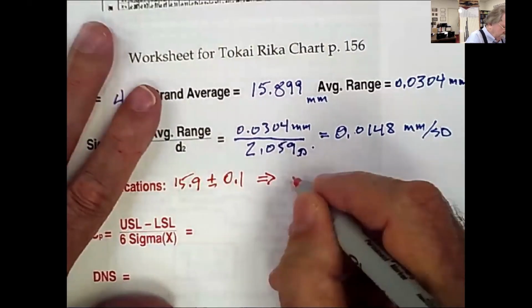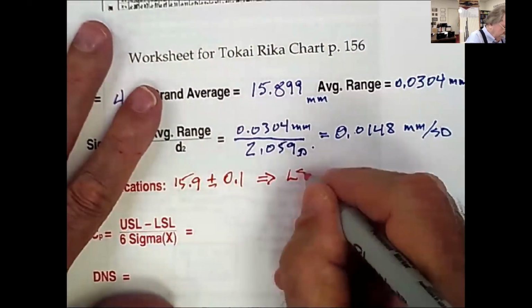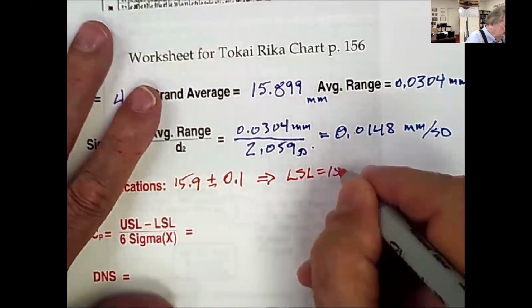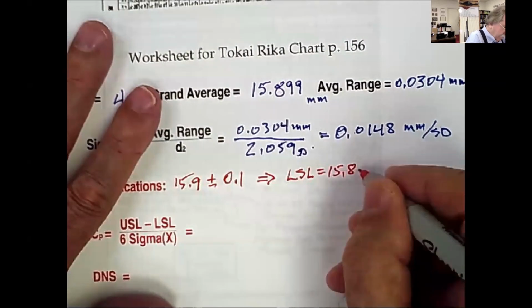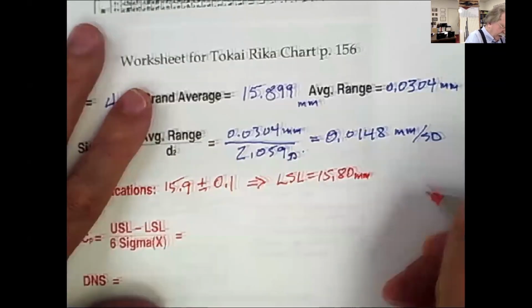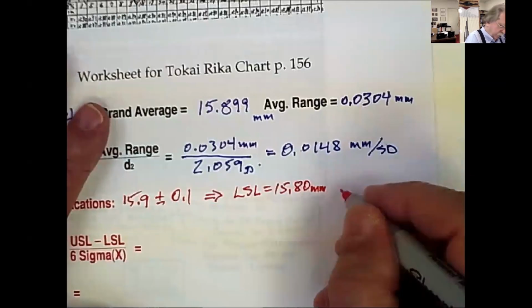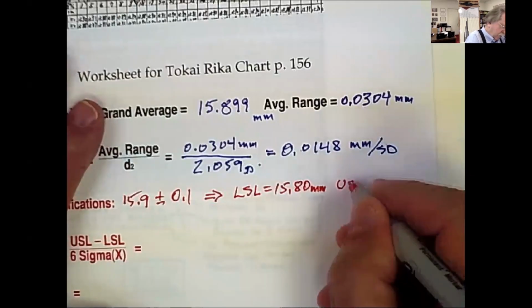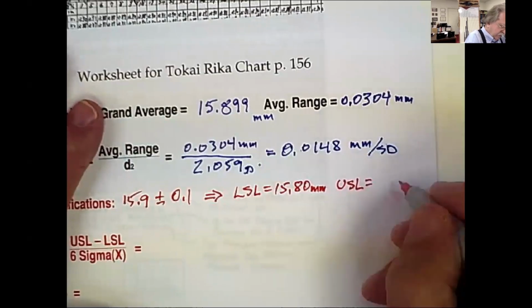So our lower spec limit is 15.8 millimeters, and our upper spec limit is 16.0 millimeters.